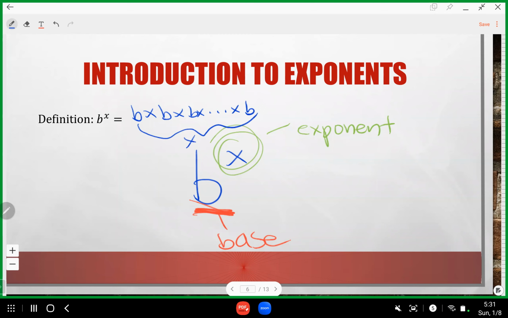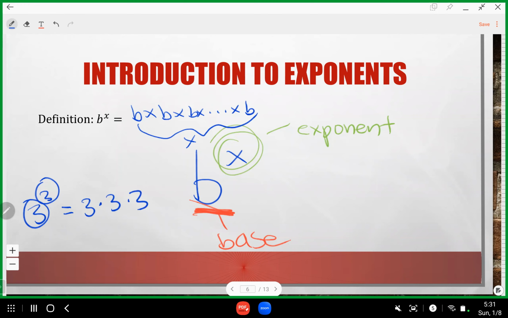So for example, with real numbers, 3 to the third power, right? This is the exponent, this is the base. Don't get them confused. That's going to be equal to the base, which is 3, times itself for x times. X times is 3.